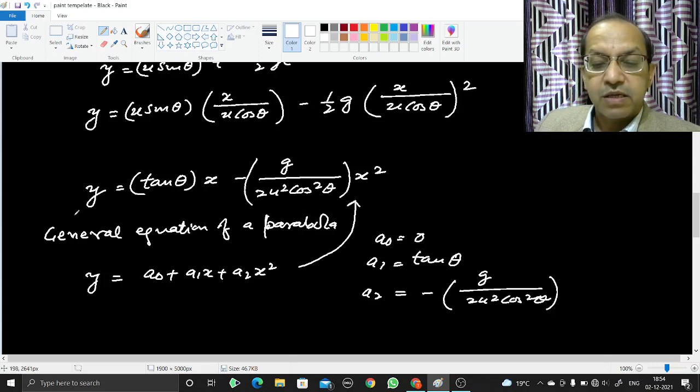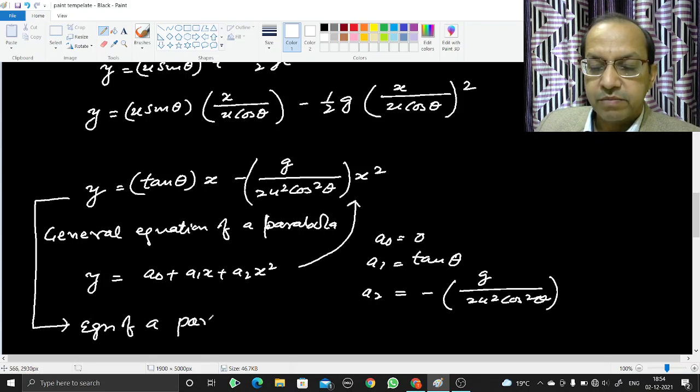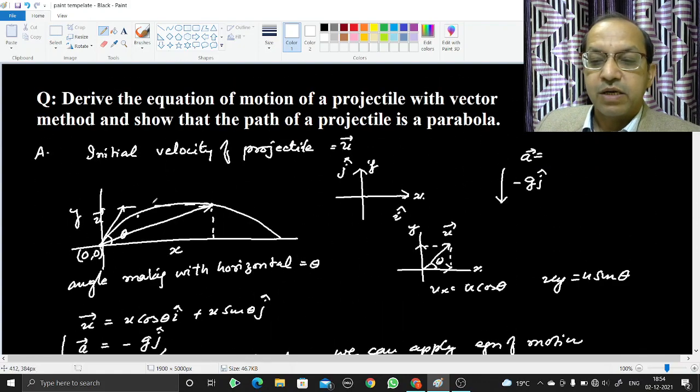That means this is an equation of a parabola. It means the trajectory of the projectile is a parabola.